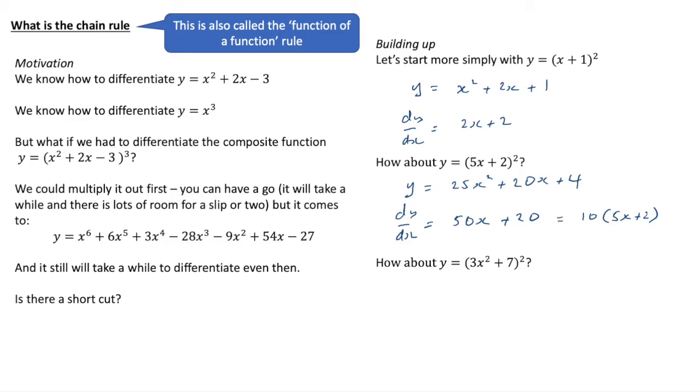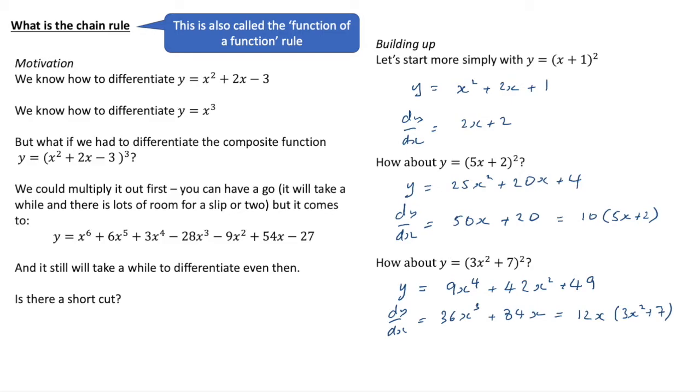What about this now? This is another little step up, because instead of an x in the bracket we have an x squared, but it's still fairly easy. So we have 3x squared. When we square that, we get 9x to the power 4. We then have 2 times 3x squared times 7, which gives us 42x squared, and then we have our 7 squared.